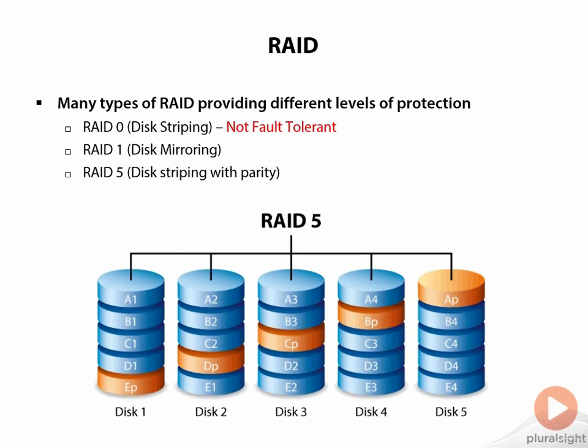So if we lost, let's say, disk 1, and we lost A1, we could take A2, 3, and 4, compare against parity, and say, okay, we know what parity is, we know what 2, 3, and 4 are, so we know what A1 must be, and we can recreate that data. Conversely, if we lost disk 5 in this example, we have the original data, A1, 2, 3, and 4, so we can just recreate the parity information.